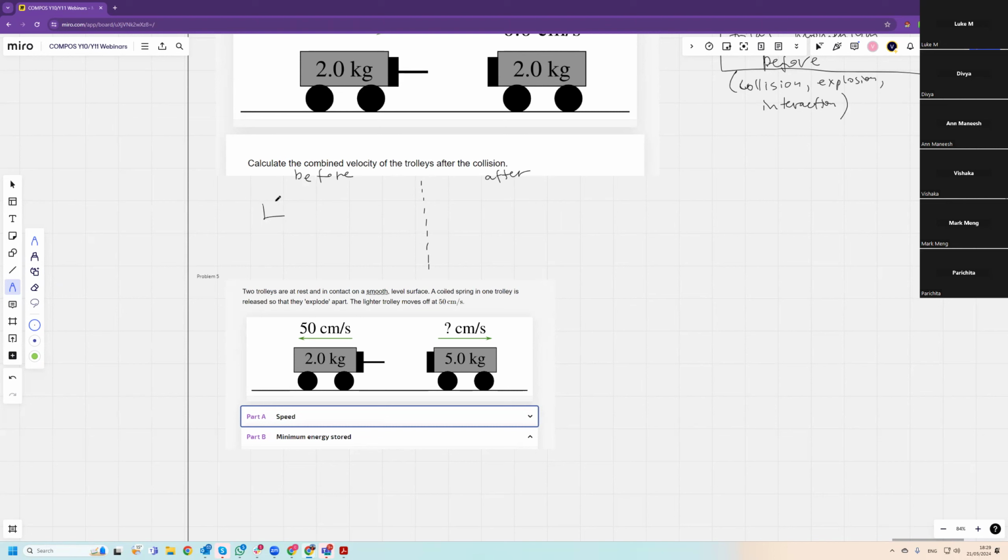So before, this trolley is moving, this is stationary. So the total momentum is the momentum of this trolley.